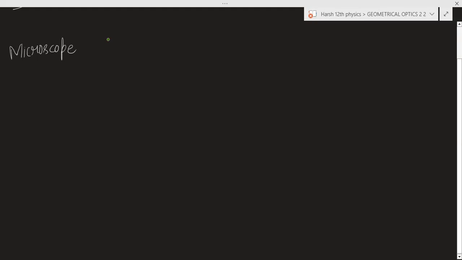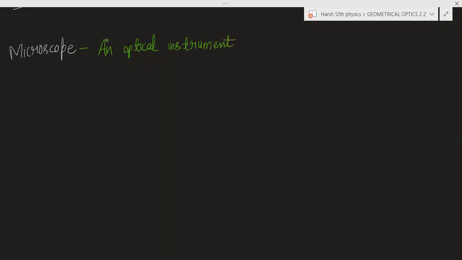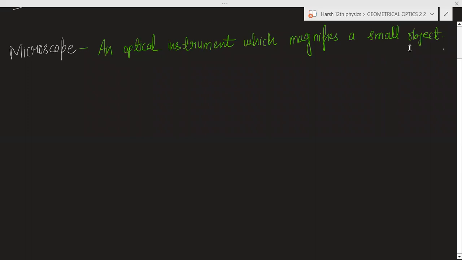So an optical instrument which magnifies a small object, means with the help of the microscope, if you will see the small object, you will get a larger image of that small object.